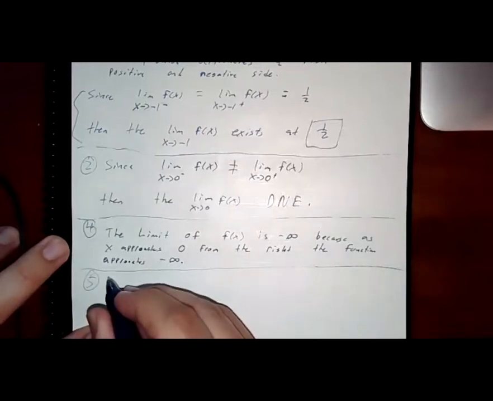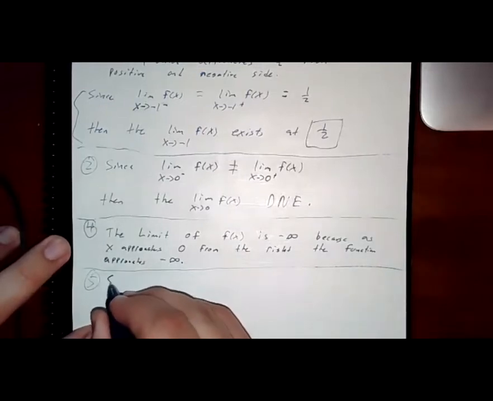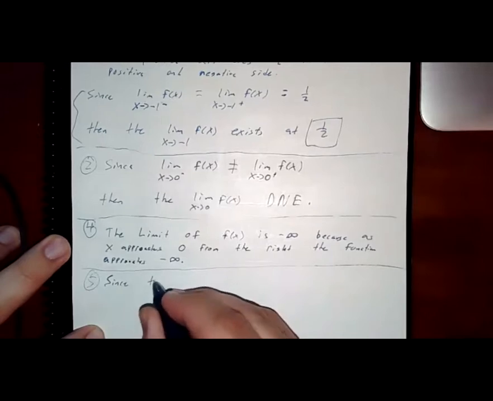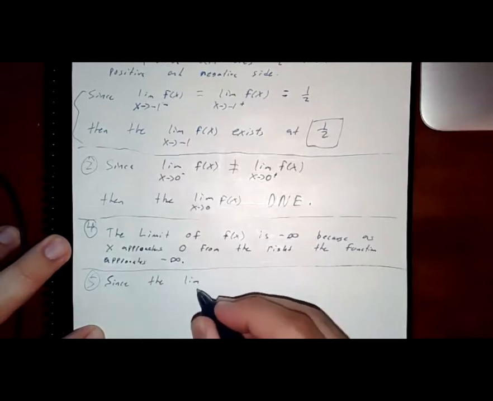So it's removable at 4 because it's simply an undefined point instead of anything else.